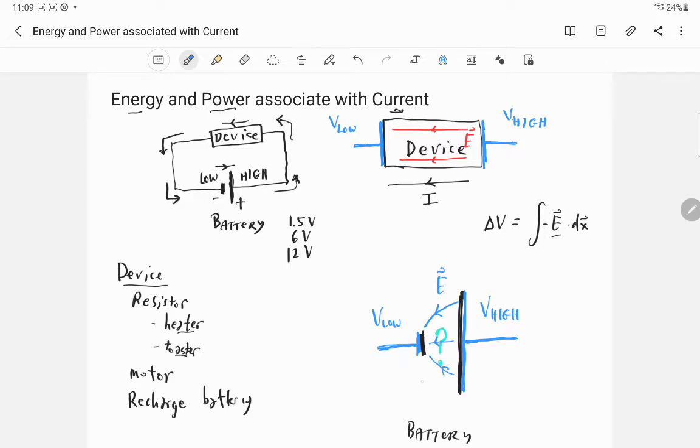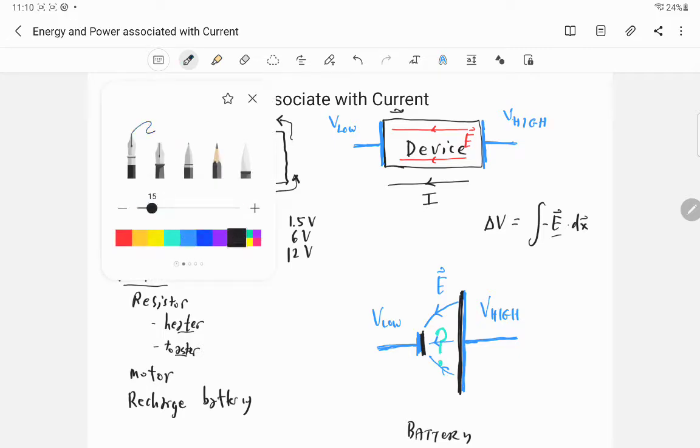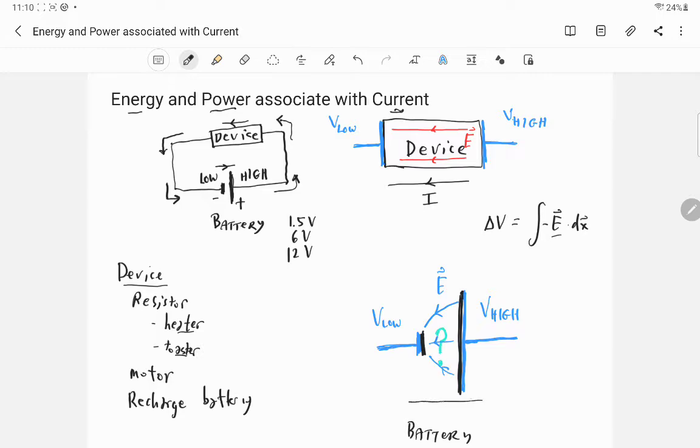So there's an electric field in there. Just like here, the electric field is pointing from high to low. You notice that the battery electric field points from right to left because the high side's on the right. The device's electric field points from right to left because the high side's on the right. But the problem is the current in the circuit is still flowing towards the right. It flows backwards.